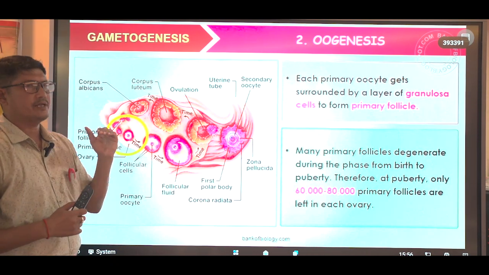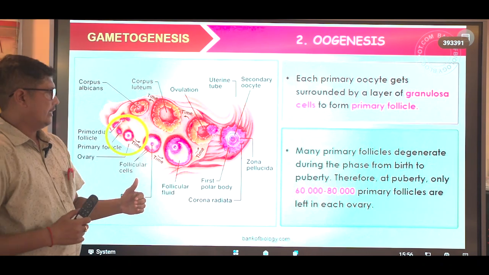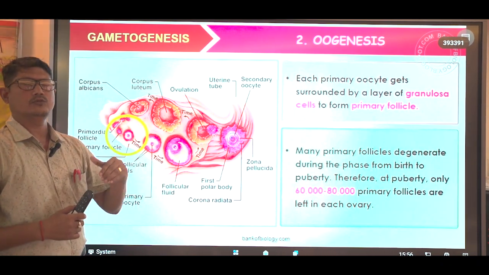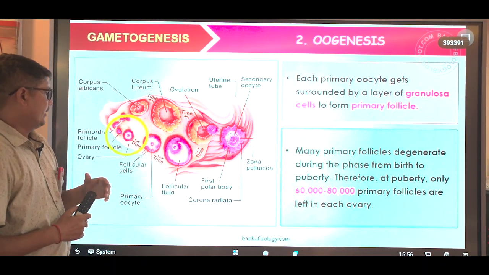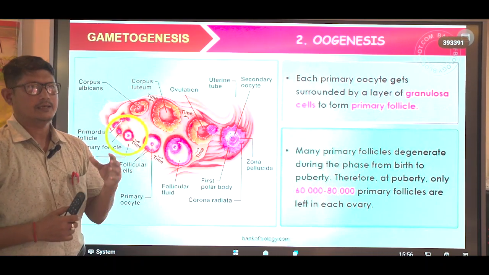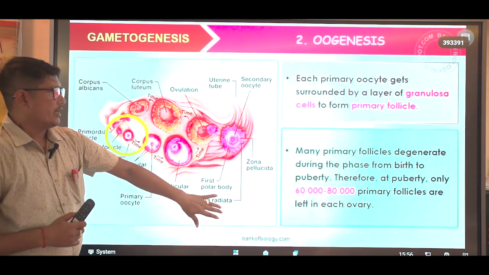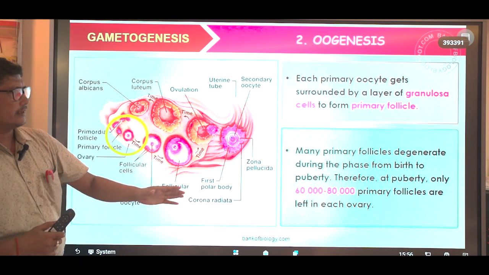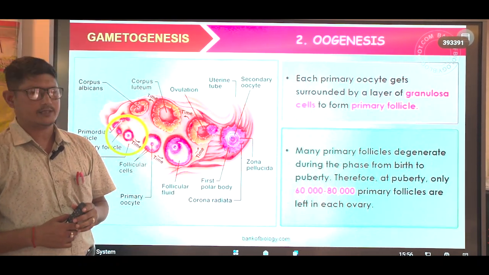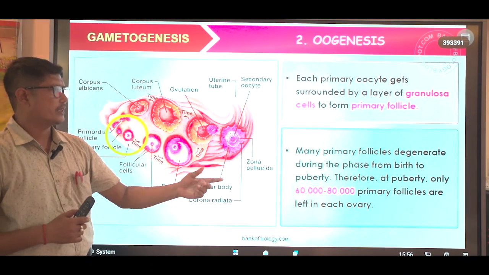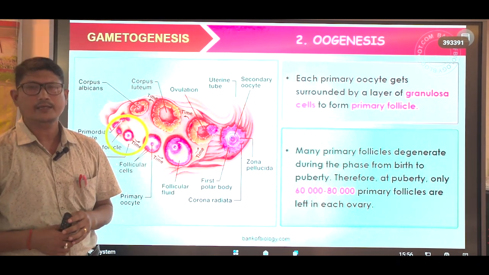This primary follicle will continue its development to reach the secondary follicle, later the tertiary follicle stage, and finally the Graafian follicle stage, which is the matured follicle stage, until it is ruptured. Here it is mentioned that many primary follicles degenerate during the phase from birth to puberty, and therefore at puberty only 60 to 80,000 primary follicles are left in each ovary.